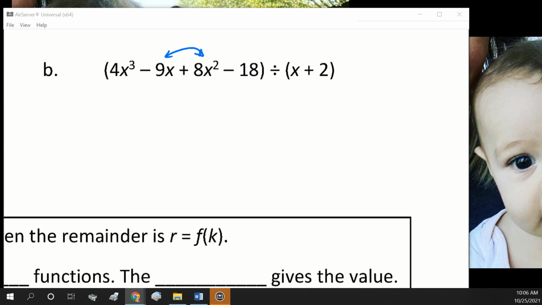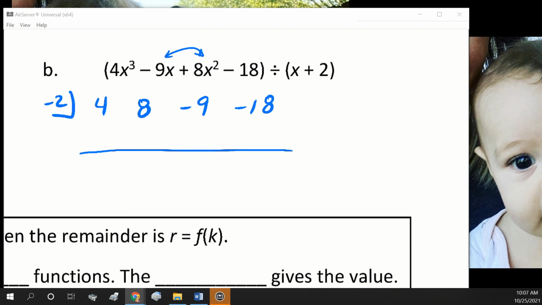All right, what number are we going to put in the box? Not 2, -2. Okay, and then make sure these coefficients are in the correct order. It's the x cubed, then the x squared, then the x, then the constant. And then we're going to bring down the 4 and then just start multiplying and adding.